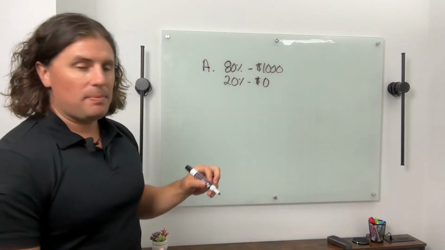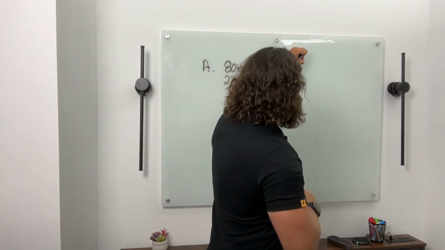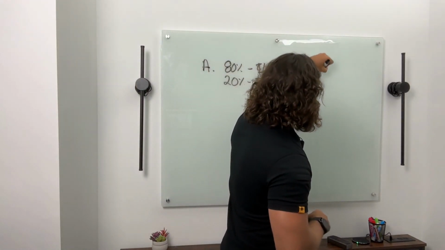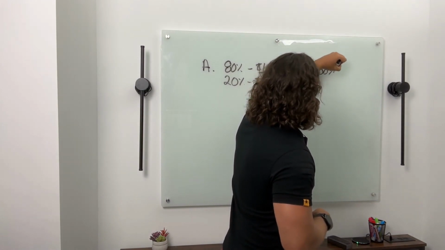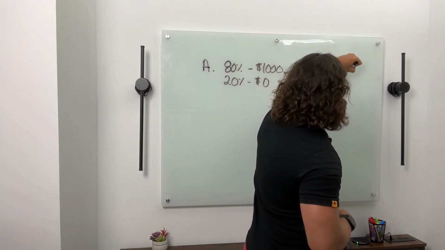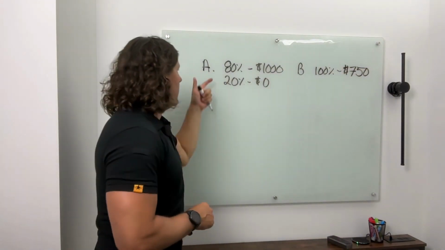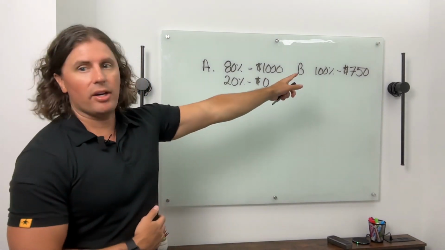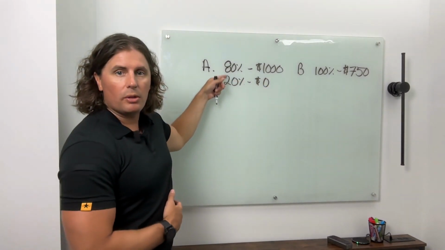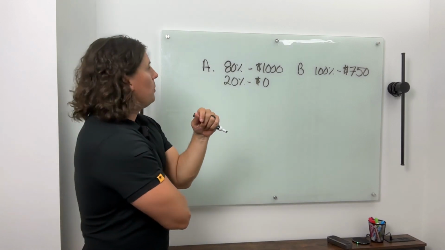There's a risky investment. On our other side over here, guaranteed 100%, $750. Take a look at these two options. You could take the guaranteed 750 or do a little gamble here. Which one do you want to do?